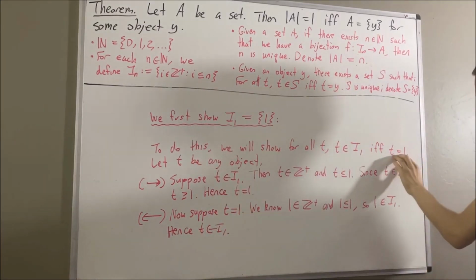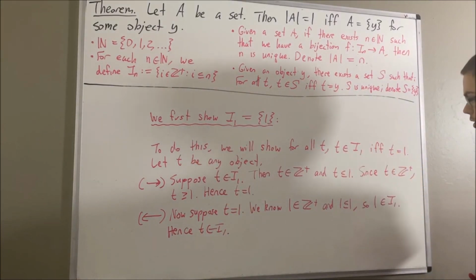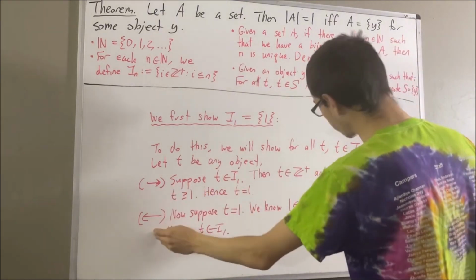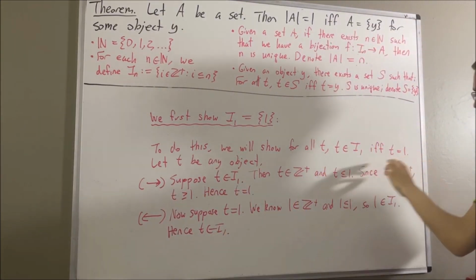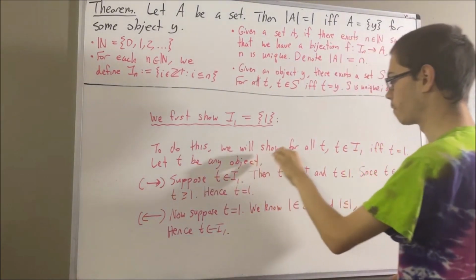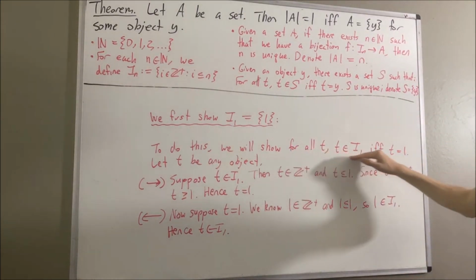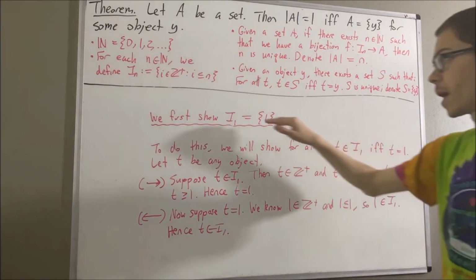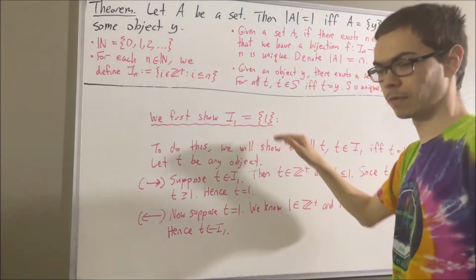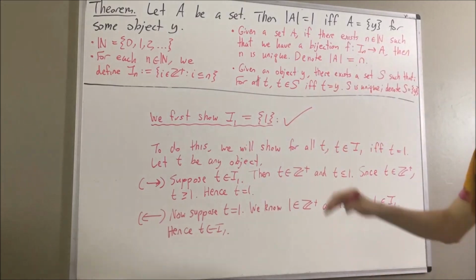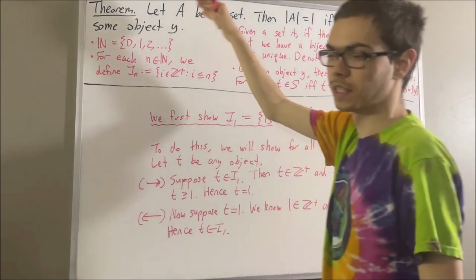So we have proven if this is true, then this is true. So we've proven both directions of the if and only if. And since t was an arbitrary object, this means for all objects t, this statement is true. So we've proven precisely this statement, which means that I_1 is equal to the singleton set of 1. Right, and so we're going to use this fact in proving this theorem.